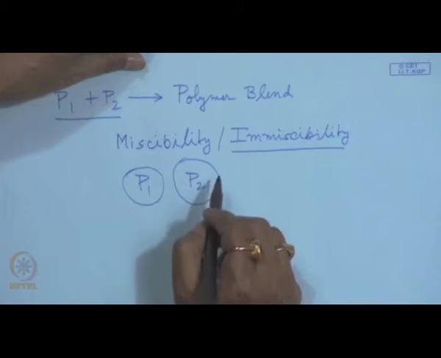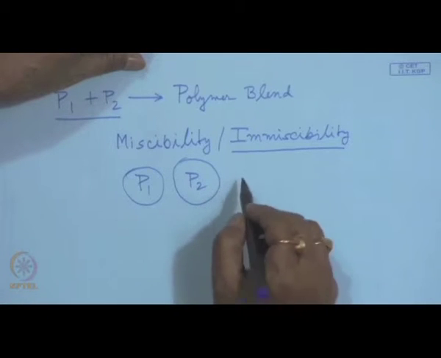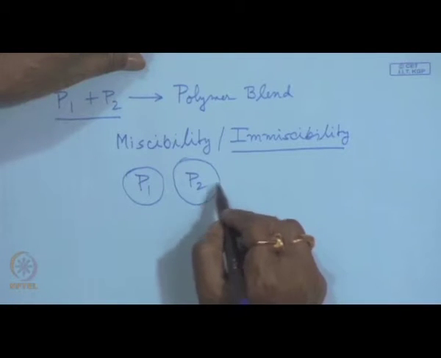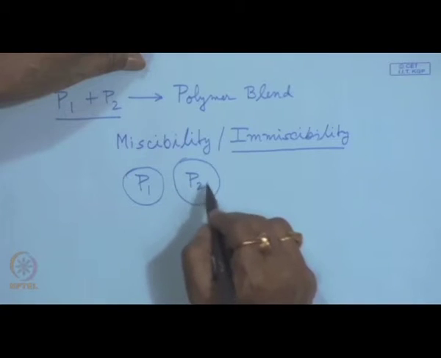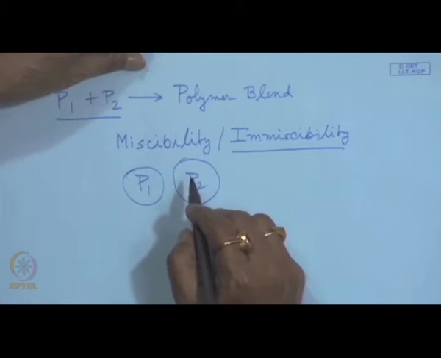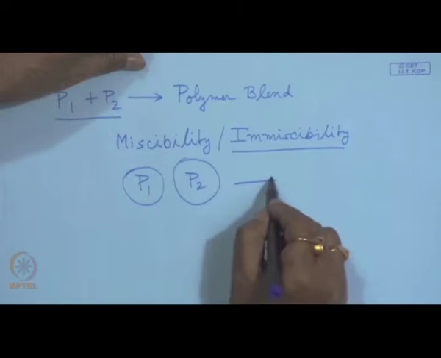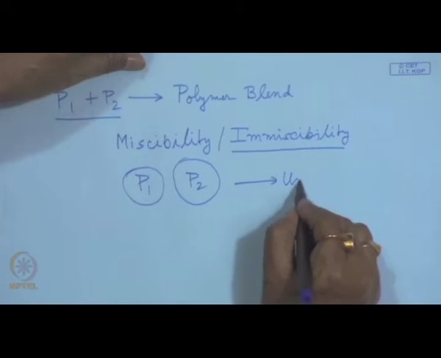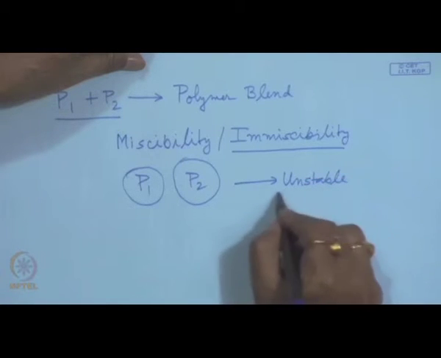in the long run, during the service of the product, during the use of the product, with time there will be separation of polymer 2 phase from the polymer 1 phase. So, that leads to instability in properties.